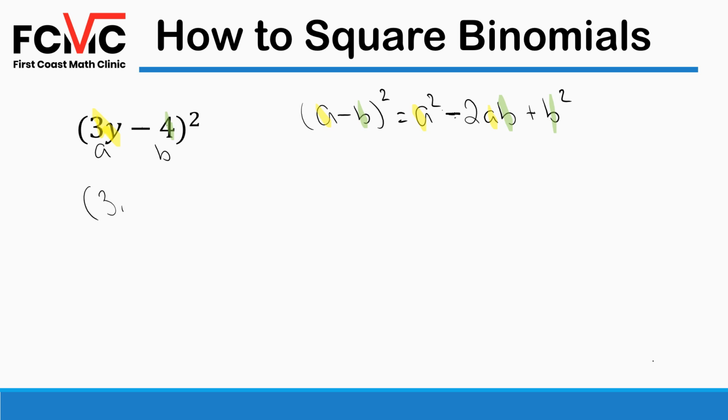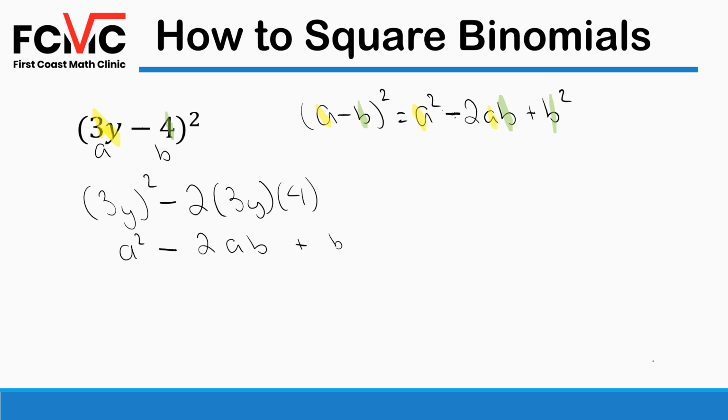So it's going to be 3y squared minus 2 times 3y times 4. So remember, this is a squared minus 2ab, and then I want plus b squared, so plus 4 squared.